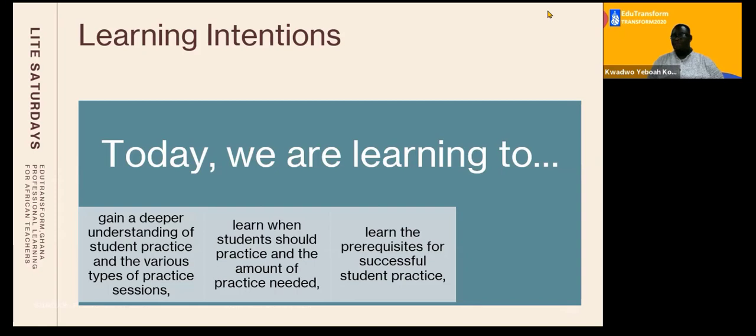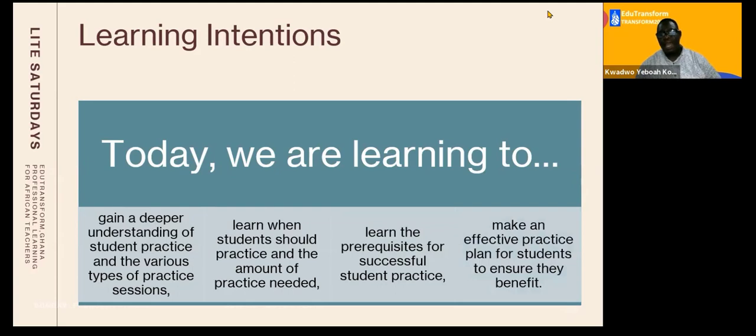Three, the prerequisites for successful student practice, the conditions that students need to have to ensure successful practice. And four, making an effective practice plan for students to ensure they benefit from the sessions that we do with them.